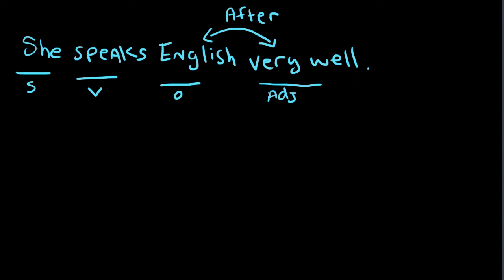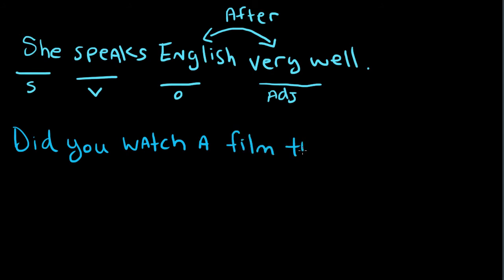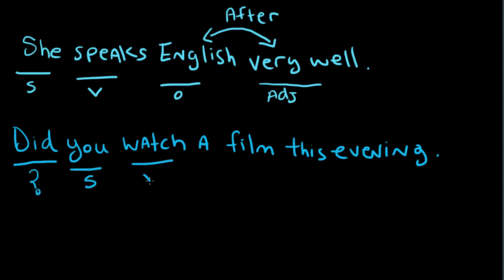So let's look at another example. Did you watch a film this evening? So here we have did, which is the question word, and then you is the subject, watch is the verb, and a film is the object, and then this evening tells us the time.